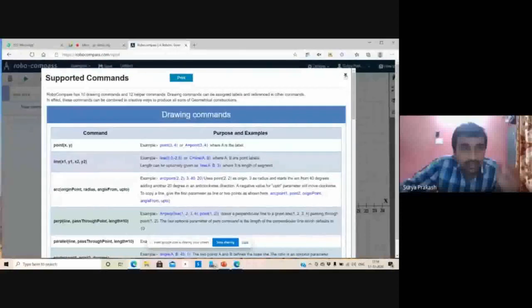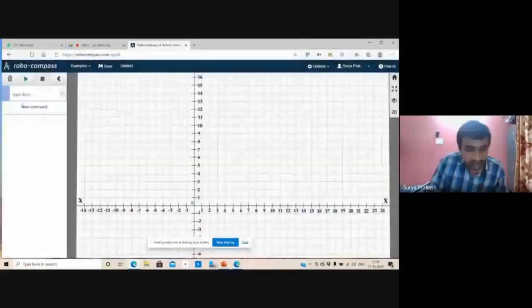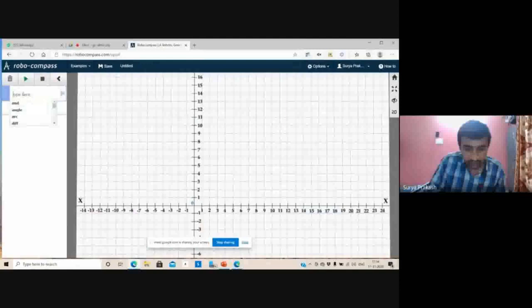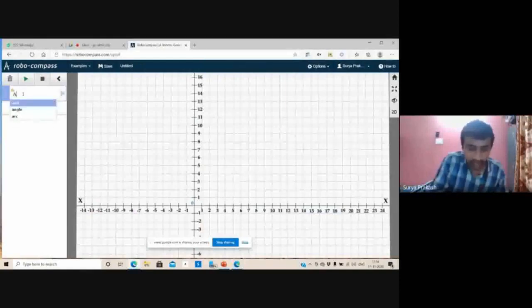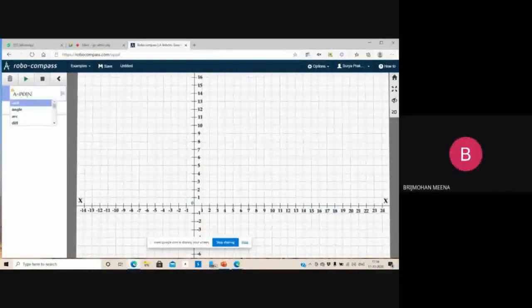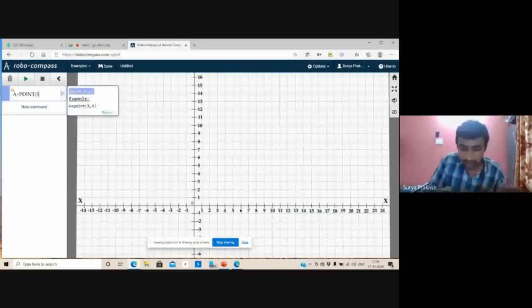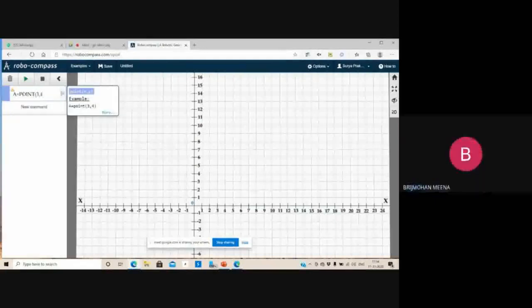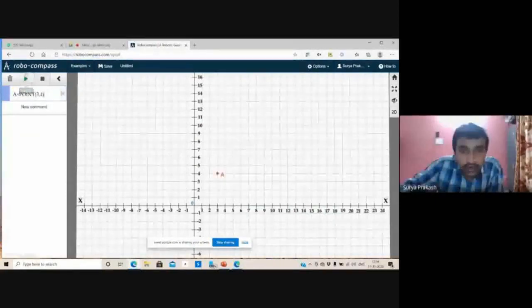For example, if I type A is equal to (0, 3, 4), that point can be seen on the graph sheet here. As soon as you complete the command, you can see that point on the graph sheet.